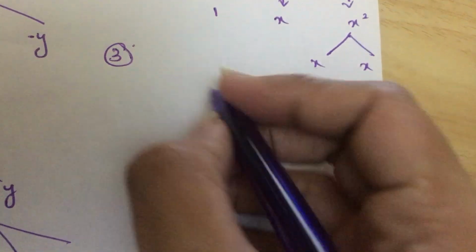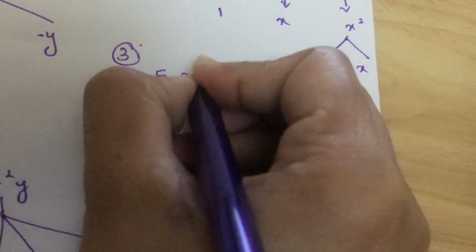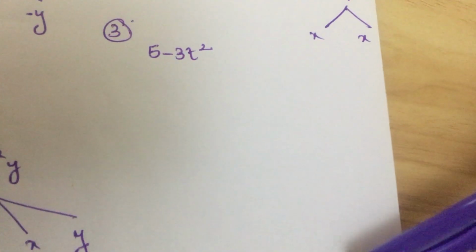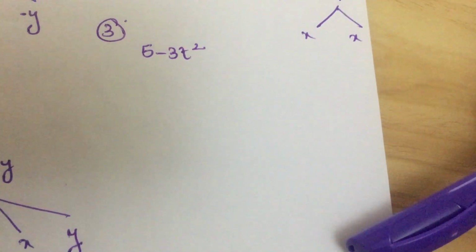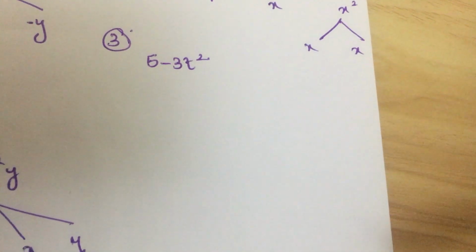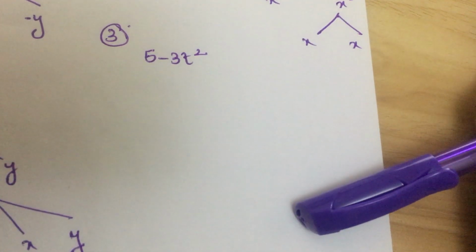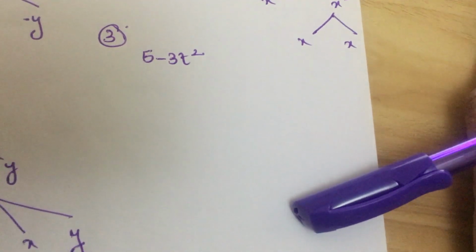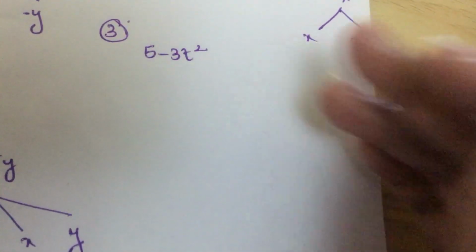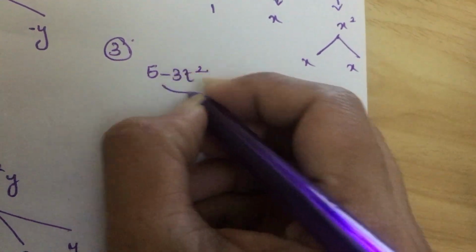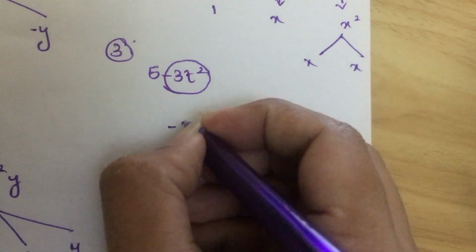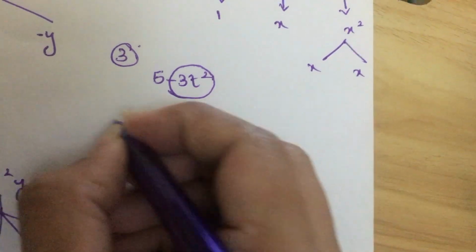The first one is given to me as 5 minus 3t square. So the terms that I need to find out with the coefficient. The constant ones I'm not going to find out because it clearly says in the question other than constants. Other than constants means I have to leave the constants away. So over here the term is only minus 3t square.